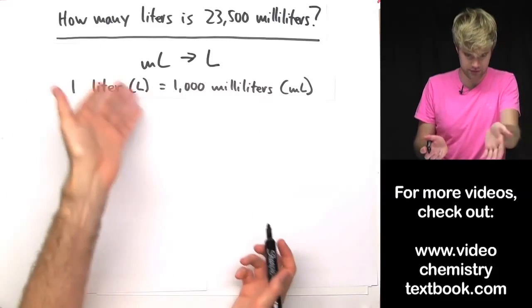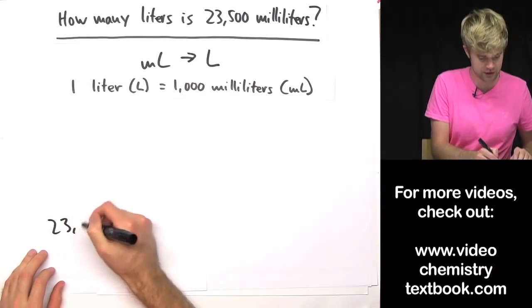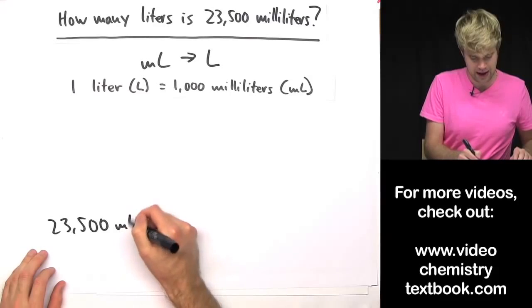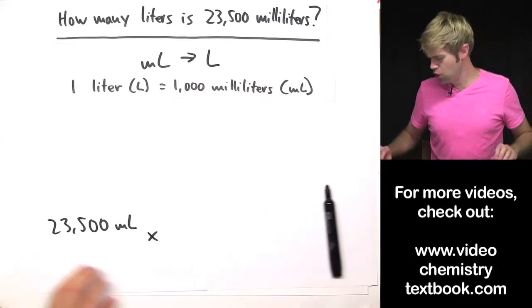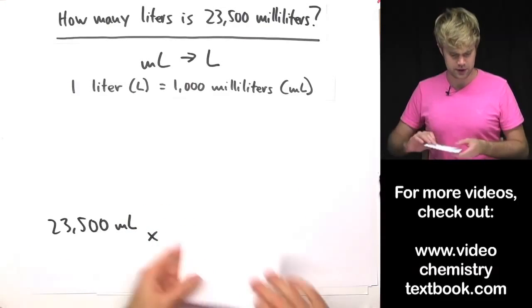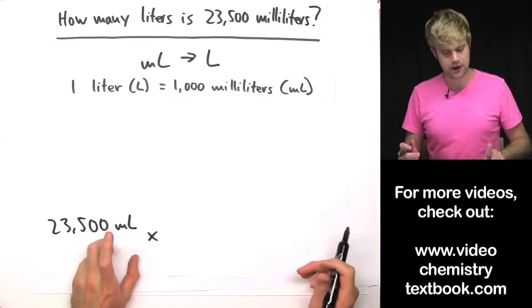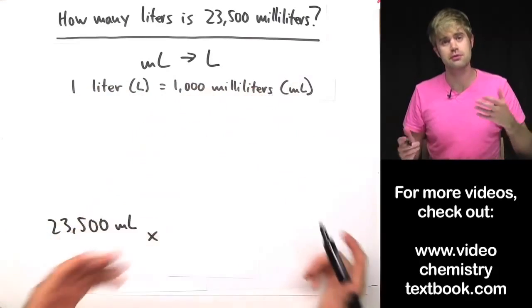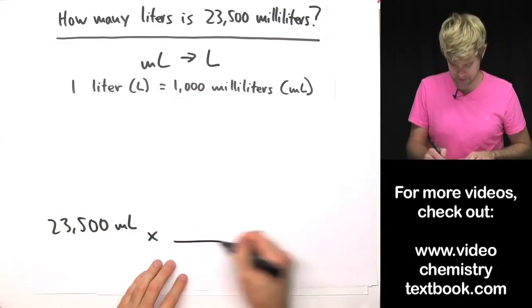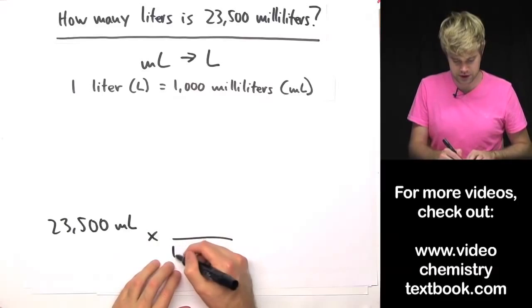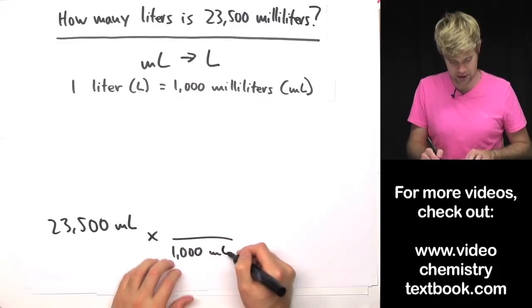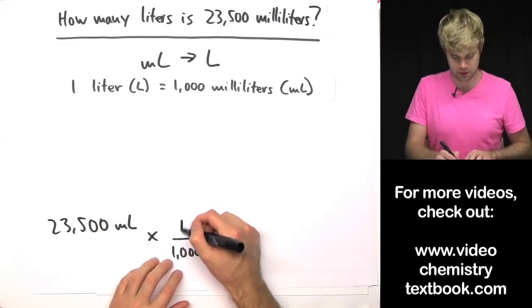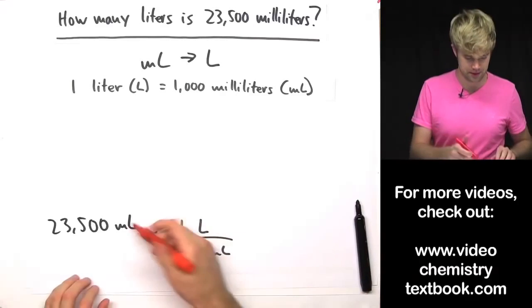So we have this here for liters and milliliters. So 23,500 ml. Which conversion factor am I going to want to use here? Since I want to get rid of milliliters, I'll want to use a version of this that puts milliliters on the bottom. So I'll put 1,000 milliliters down here, so they'll cancel out, and that means that I'll put 1 liter on the top.